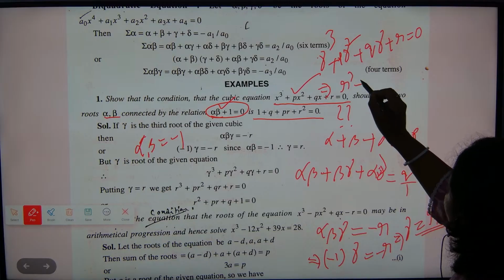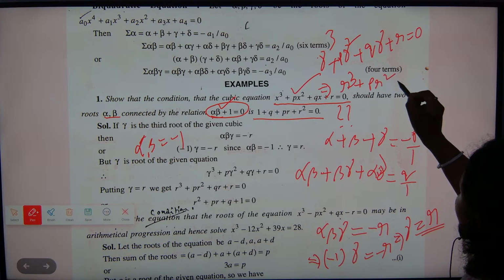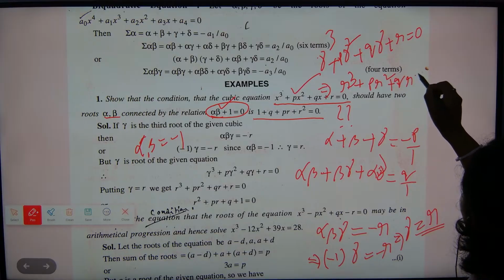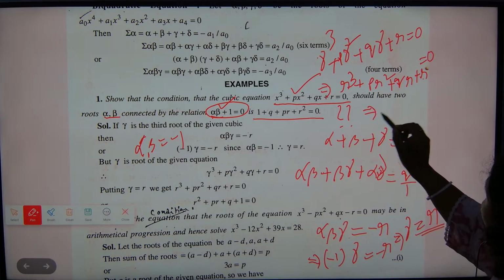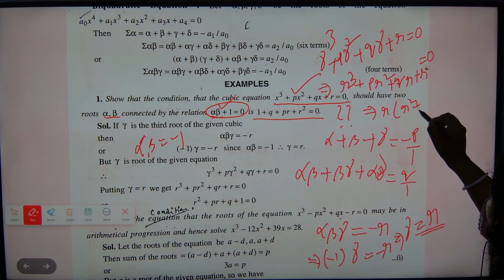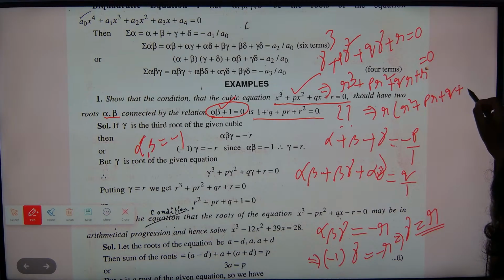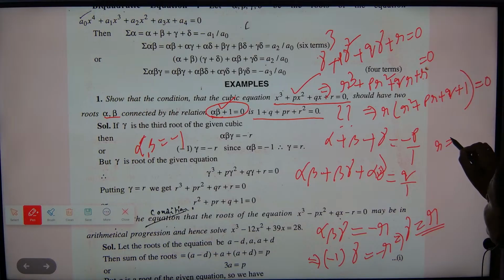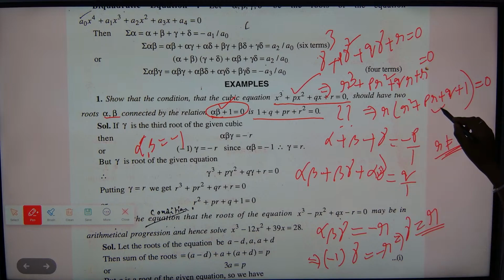So r cube plus p r square plus q r plus r equals 0. Take r common. What we have: r square plus p r plus q plus 1 equals 0, since r is not equal to 0. So this is equal to 0. Okay, done?